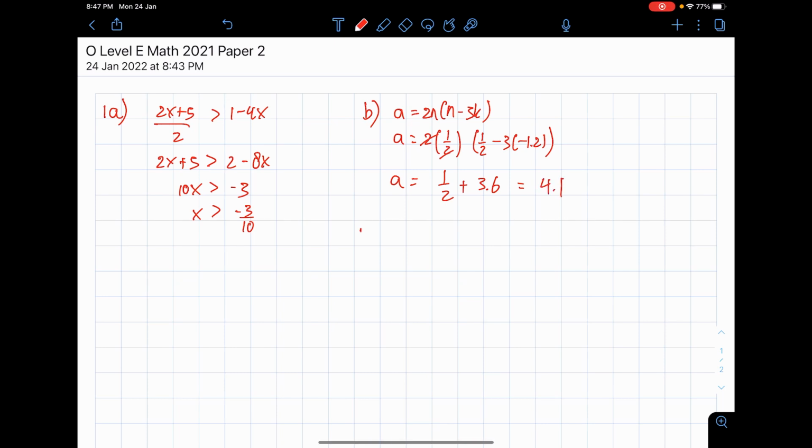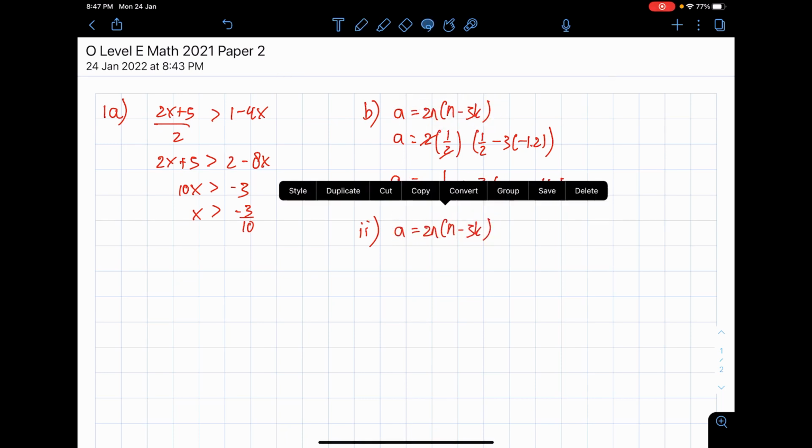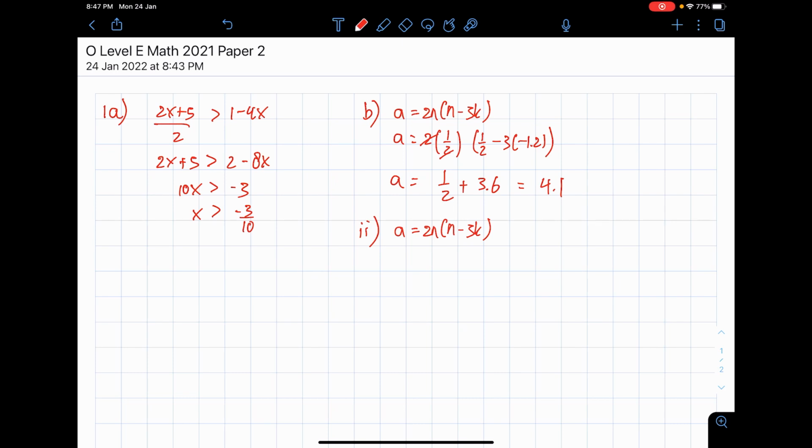Okay, and then for part B, the question is express k in terms of A and n. Making k the subject. Now, we start with this equation. I need k to be the subject, so I need to try to make it the sole alphabet on one of the sides. I'll start by dividing the 2n to the other side. So then I'm left with only n minus 3k. And then I will move the n to the other side.